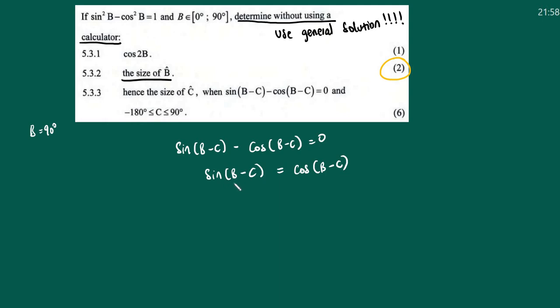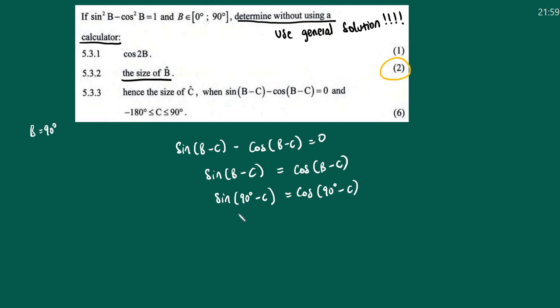We know that b is 90. So we can write this as sine (90 minus c), and then here it's cos (90 minus c).